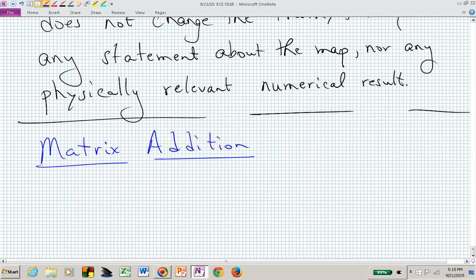Element-wise, right? But they have to be compatible matrices. You can't be adding a 2x1 to a 5x5 matrix. Matrix addition is element-wise, on matrices of the same size.